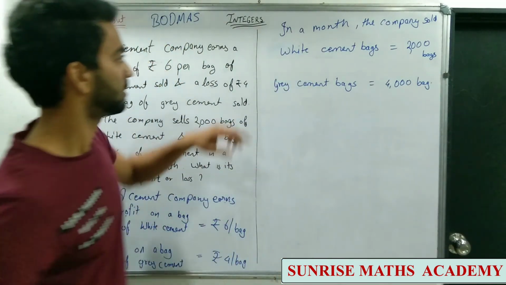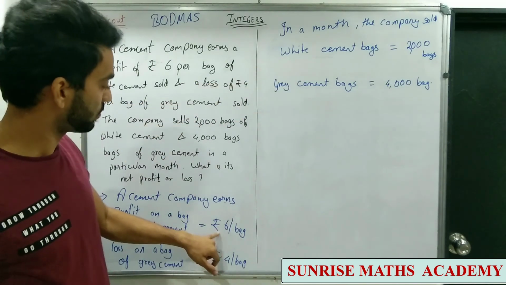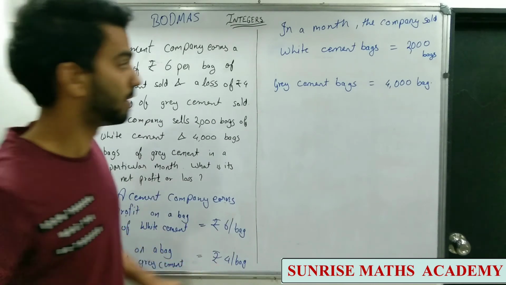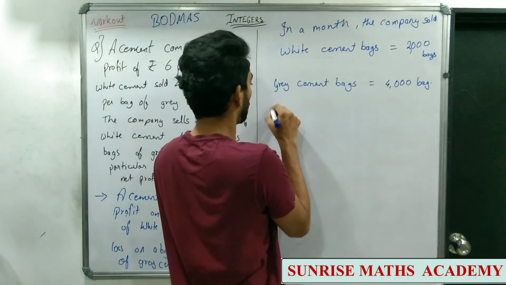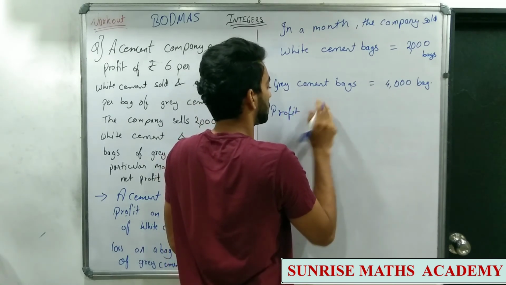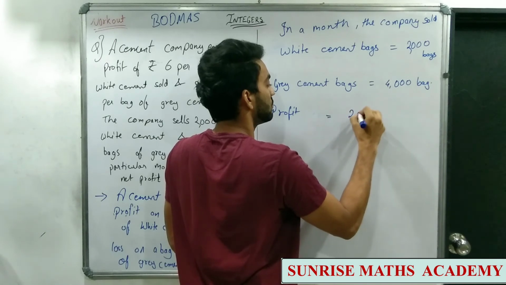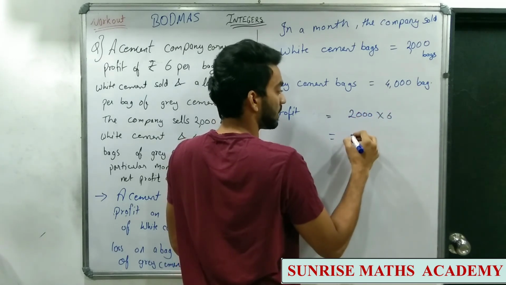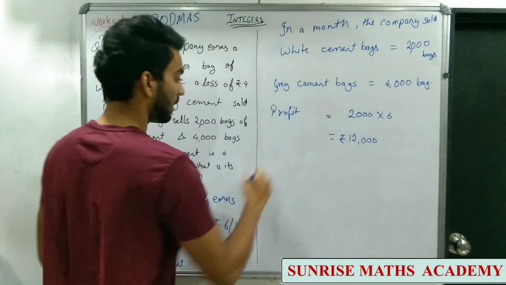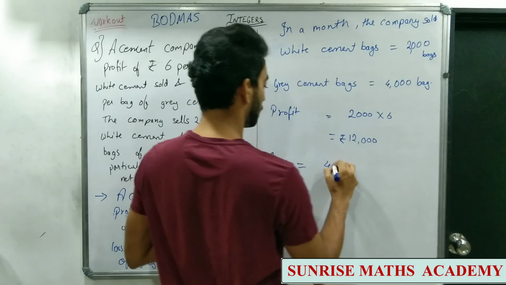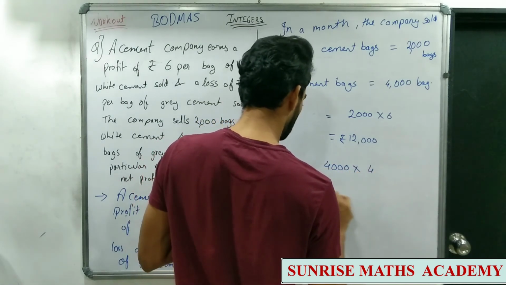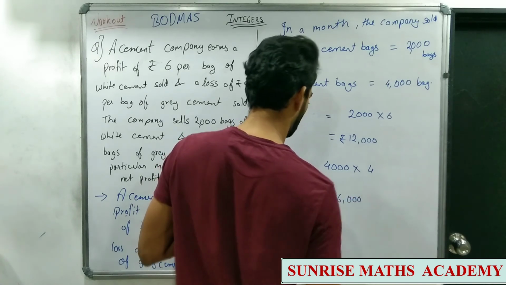So on the white cement, the company is earning 6 rupees profit, and on grey cement suffering a loss of 4 per bag. So if we find out the profit first, profit equals 2000 into 6, that is 12,000 rupees profit, and loss 4,000 into 4, that is 16,000 loss.